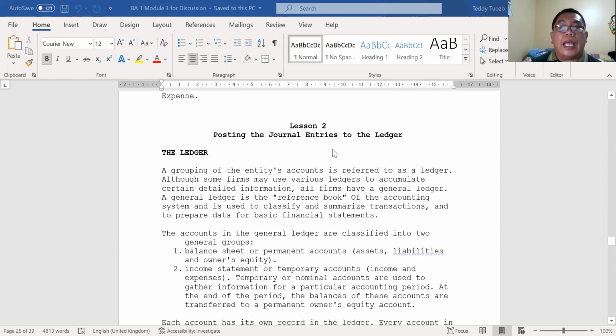Okay. The ledger. The ledger is a grouping of the entity's account is referred to as a ledger. Although some firms may use various ledgers to accumulate certain detailed information, all firms have a general ledger. Tanan, no? Diyan ko yung general ledger. A general ledger is the reference book of the accounting system.